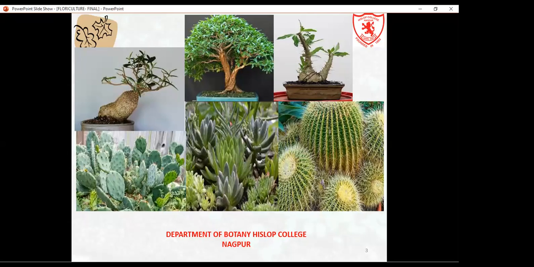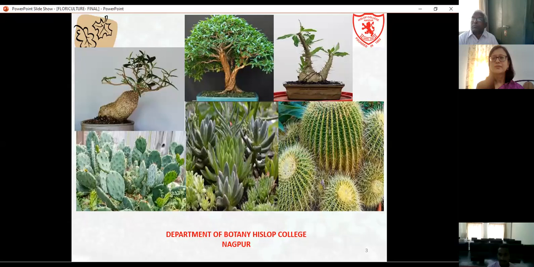Now, students, till some time back, it was thought floriculture should be exclusively associated with a particular group, maybe life sciences, or very precisely botany, or maybe agriculture, but it is no longer so. Nowadays, floriculture is no longer the sole domain of any botanist or any agricultural scientist.